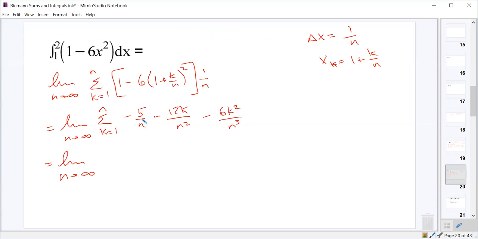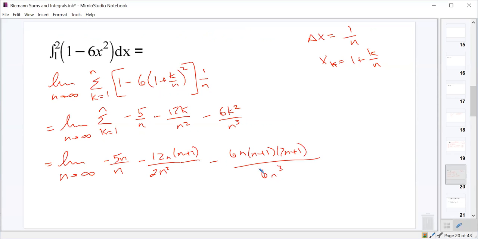We'll just now evaluate the summation. So the summation of negative 5 over n is just negative 5n over n. And the summation of the negative 12k over n squared is just n times n plus 1 over 2, with the negative 12 over n squared still there. And then the last one here is minus 6n times n plus 1 times 2n plus 1 over 6n cubed.